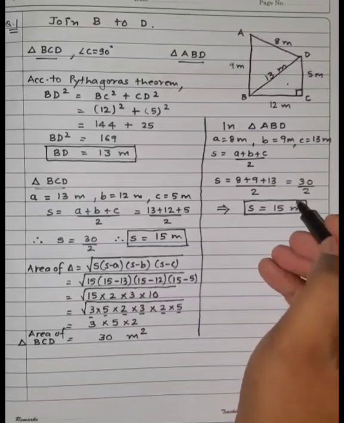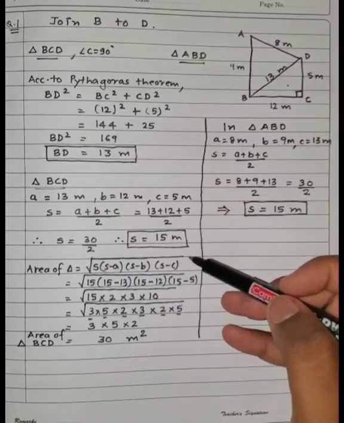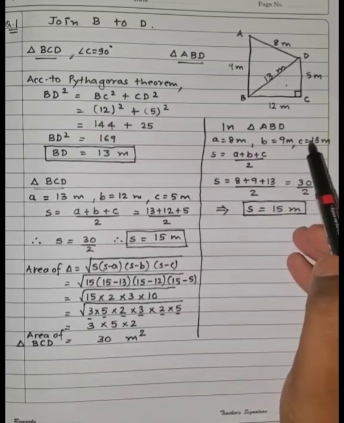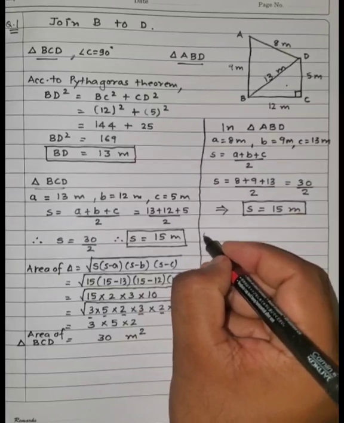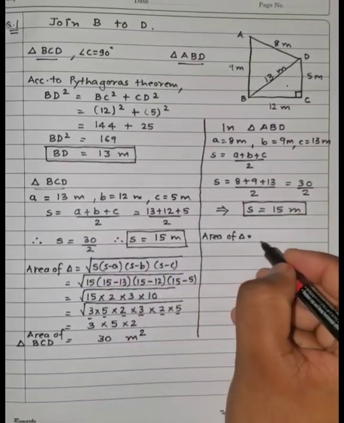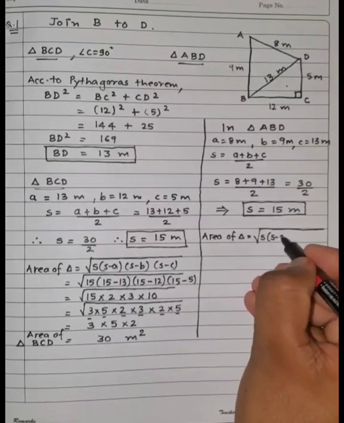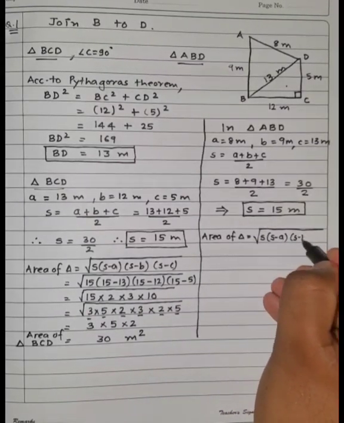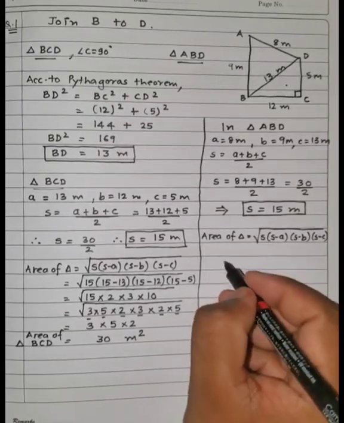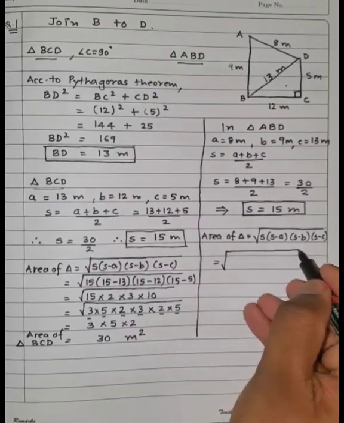Now, as we did with the triangle BCD, let's do the same thing. We are aware of the semi-perimeter and the measure of the three sides. Now let's find the area. The formula is under root S into S minus A into S minus B into S minus C. All that I am going to do is put the values.